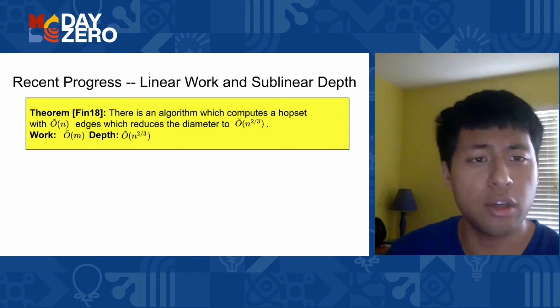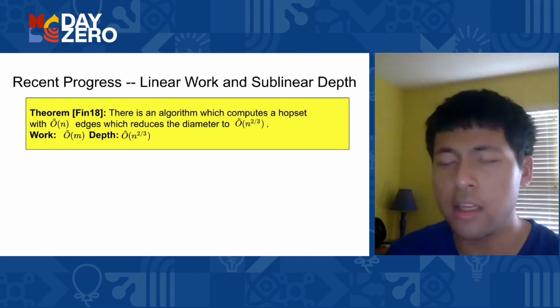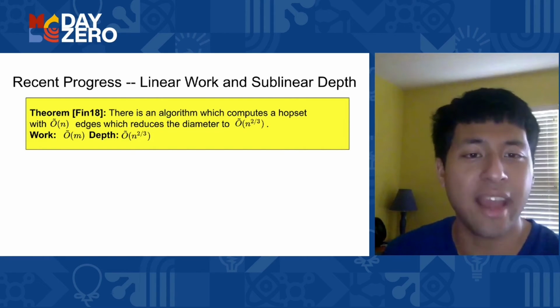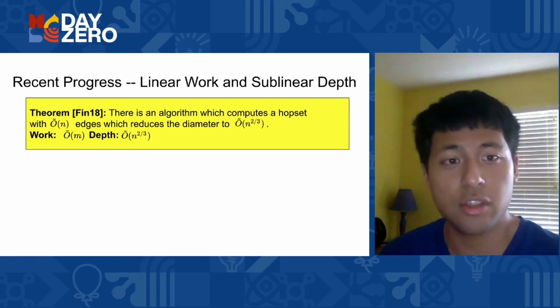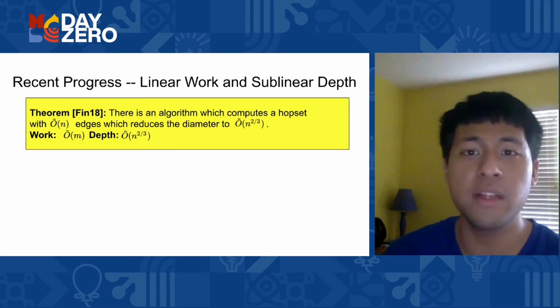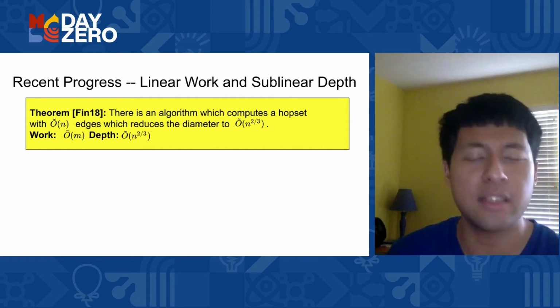Here, the Õ notation means up to logarithmic factors. So Õ(n) means n up to polylogarithmic factors. Additionally, this algorithm can be implemented in work Õ(m) and depth Õ(n^(2/3)). So this is basically a legitimate parallel reachability algorithm that has nearly linear work, and the depth is substantially less than n.